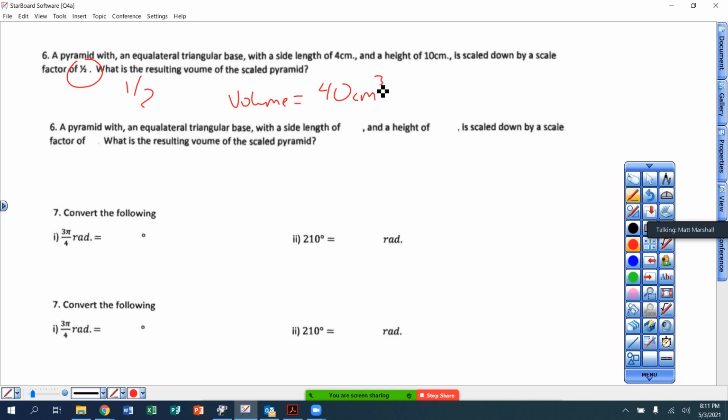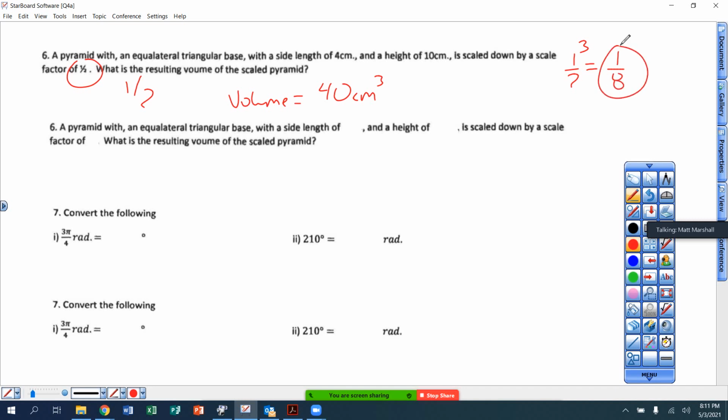If I was scaling that down by 1/2, you've got to remember, don't times 40 by 1/2, or don't divide by 2. Dealing with volume, it's that 1/2 to the 3rd power. You're really timesing by 1/8.